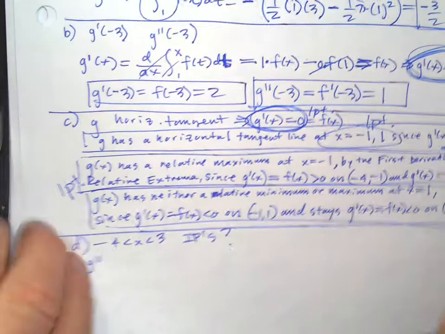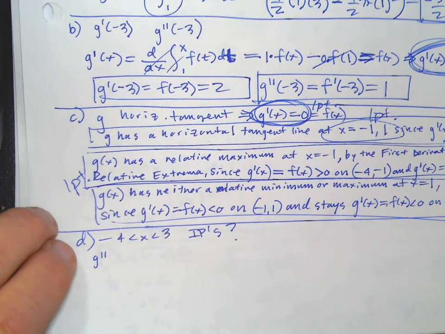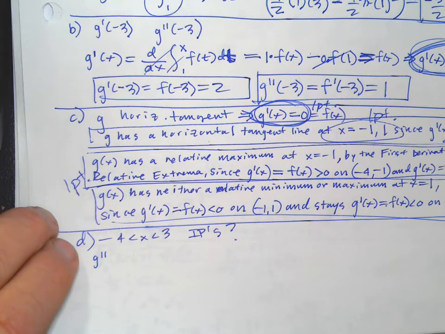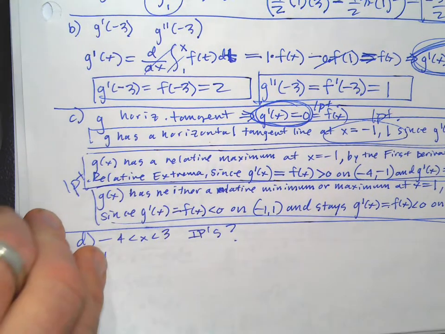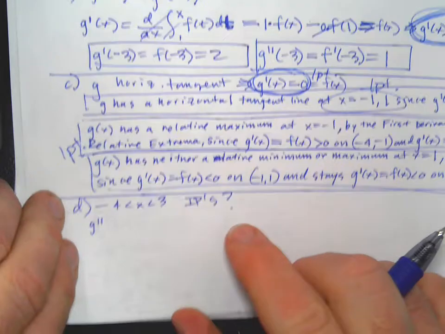Now this is the way I usually do it, but on free response, we can't just say, hey, look at all the stuff I drew on the graph. They're not going to look at anything you drew on the graph as credit. That's just to help you figure out how to say it.